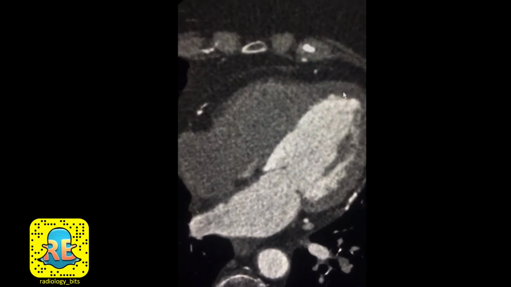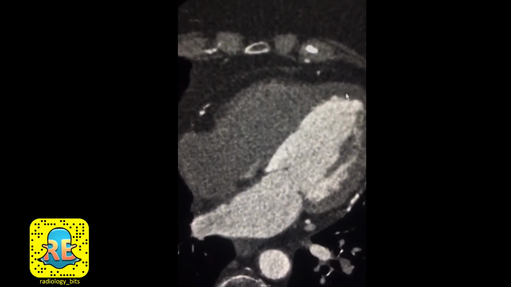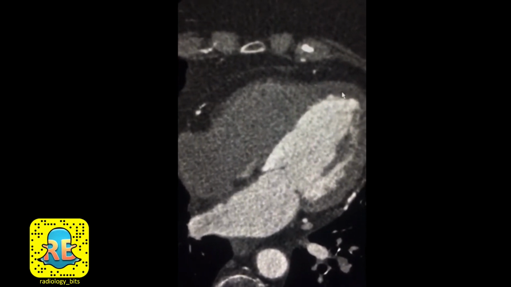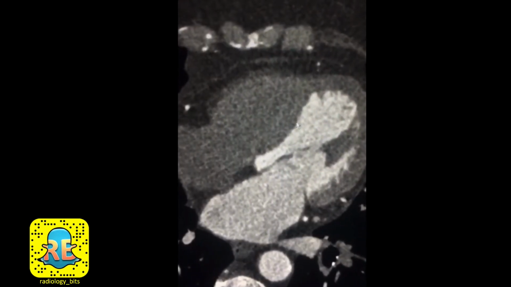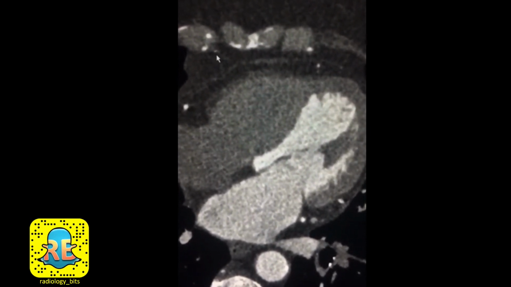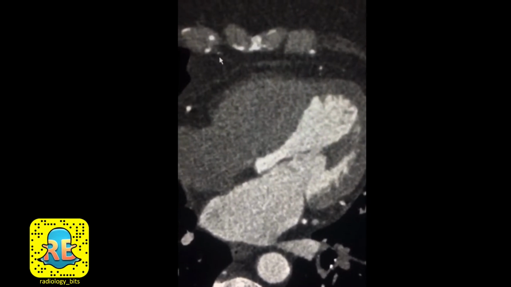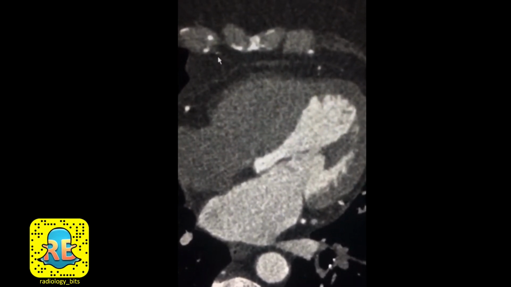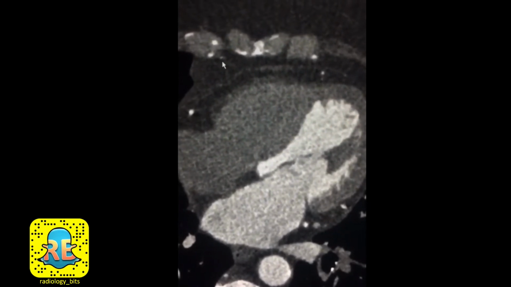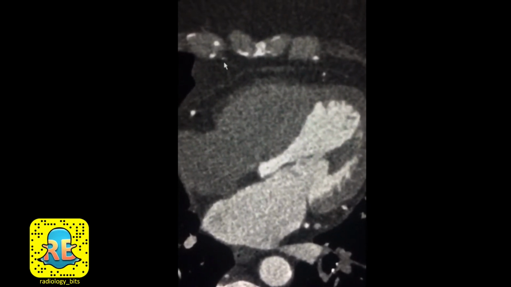In the case of ARVC, you'd have clinical signs, family history, ECG changes, or even histopath proof. It's important to remember that this patient here is an elderly patient without any family history or ECG changes, so the patient does not have any arrhythmia or syncope or related findings.